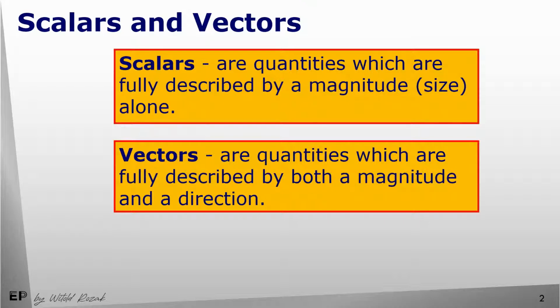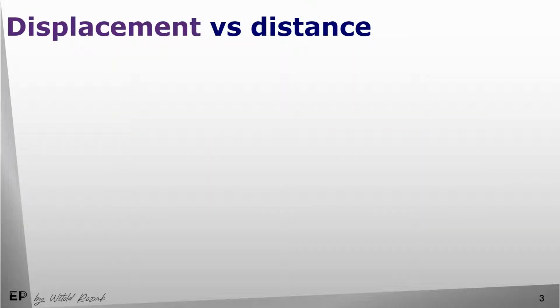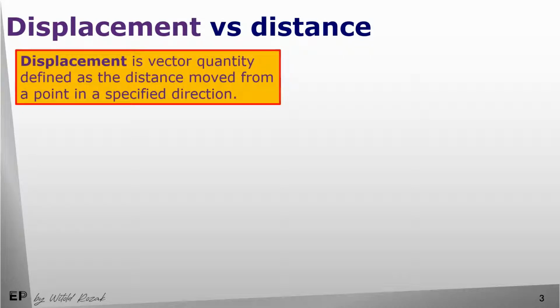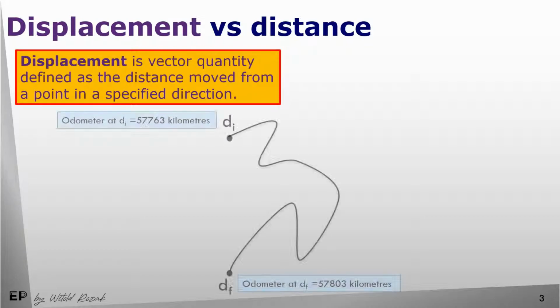The first two quantities we need to cover in this topic are displacement and distance. We'll start by defining both quantities. Displacement is a vector quantity, and it is defined as the distance moved from a point in a specific direction. Let's imagine an object starting at position di and then moving along a curved path to the final position df.